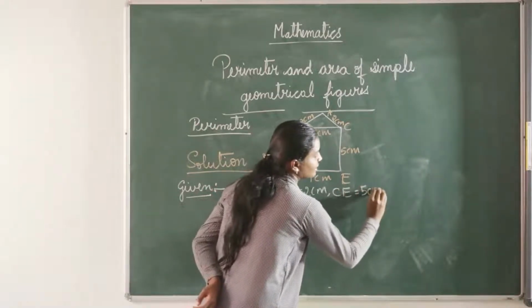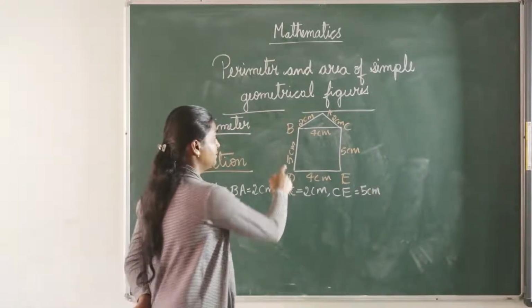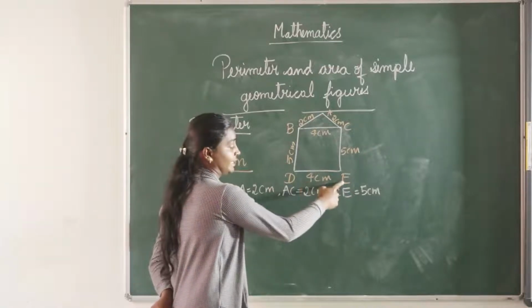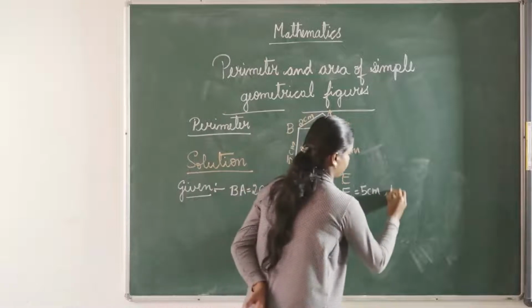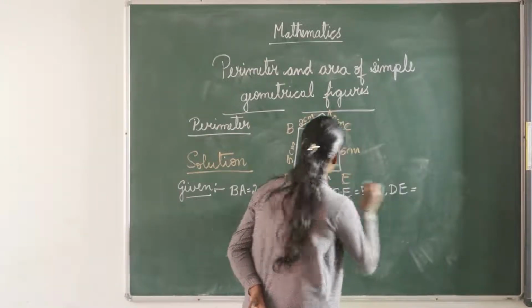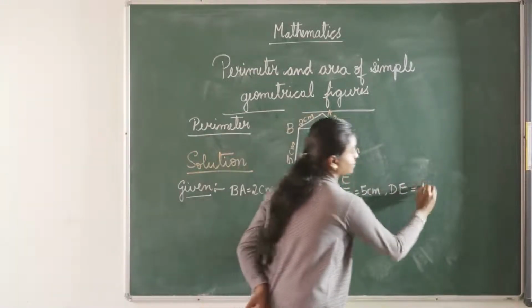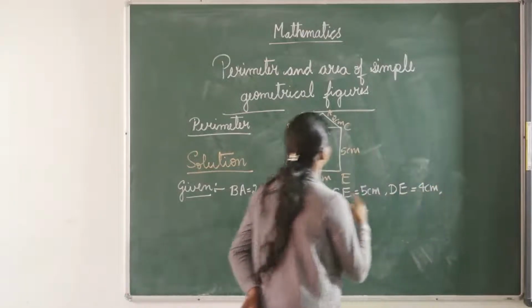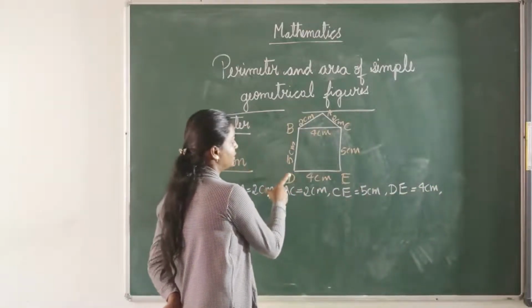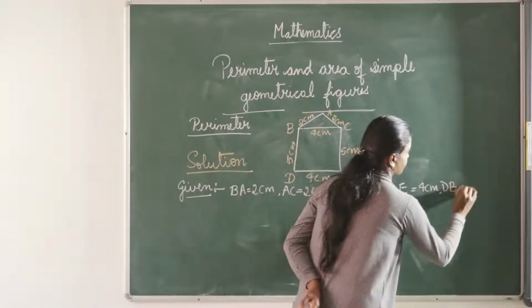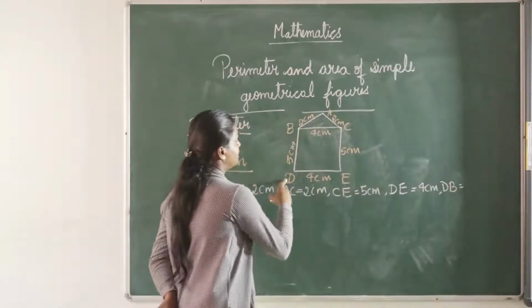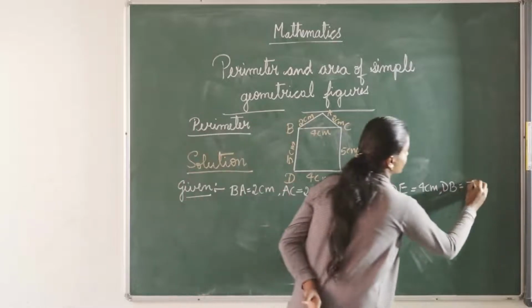That is 5 centimeter. Then they have given the measurement of ED, or DE, one and the same. That is 4 centimeter. Then they have given the measurement of DB. DB is how much? 5 centimeter.